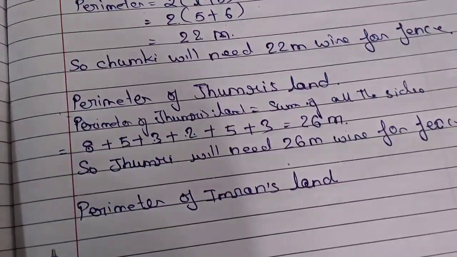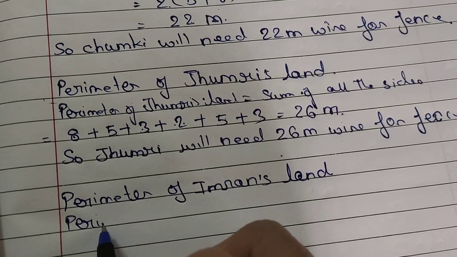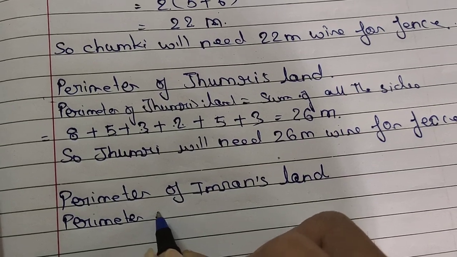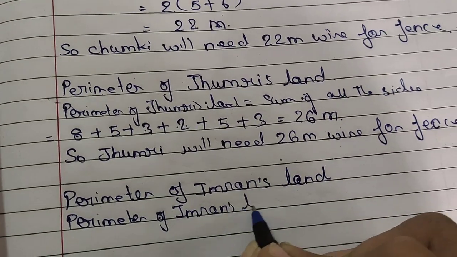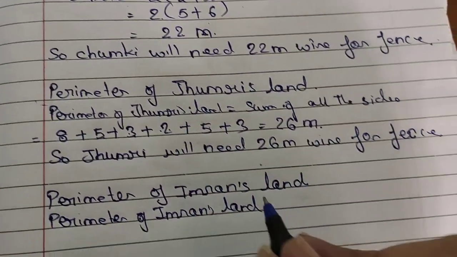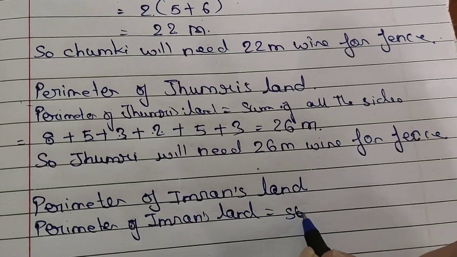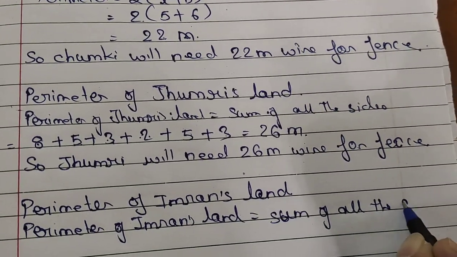So we will write down: Imran's perimeter is equal to the sum of all the sides.